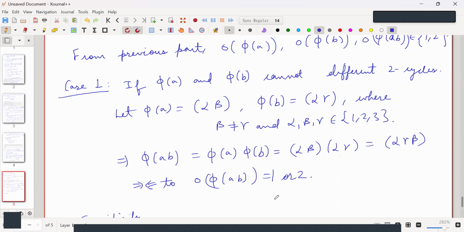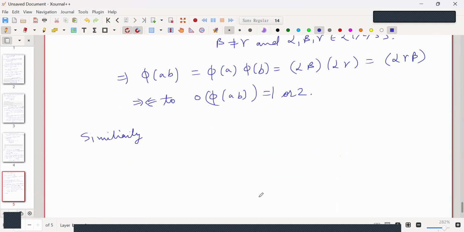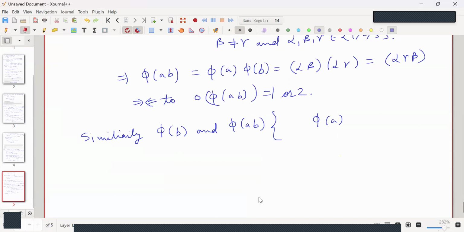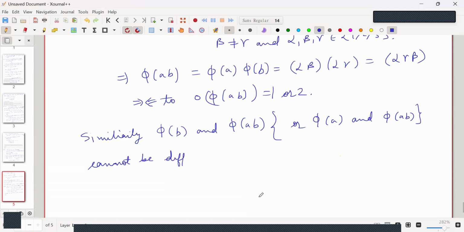It is already an image, right? So the second part is similarly phi B and phi AB, and the other option is phi A and phi AB. They cannot be different 2 cycles.